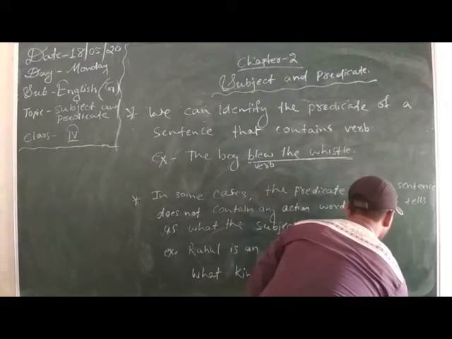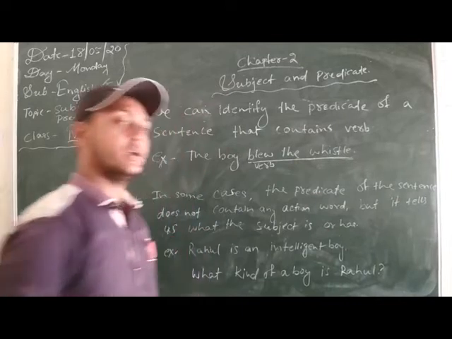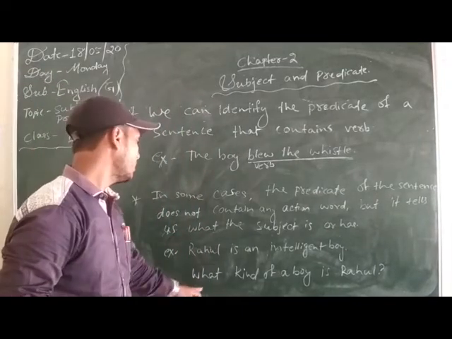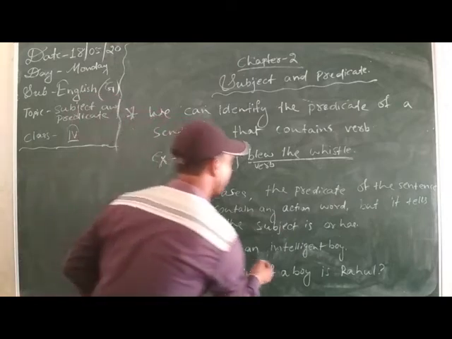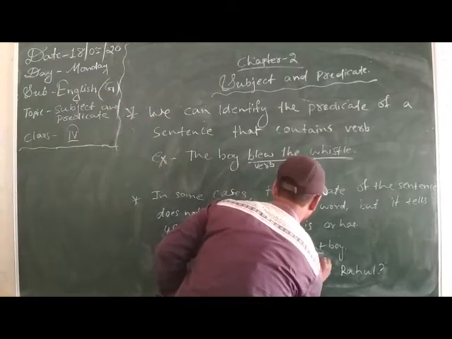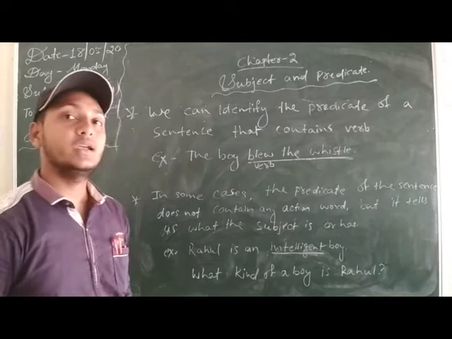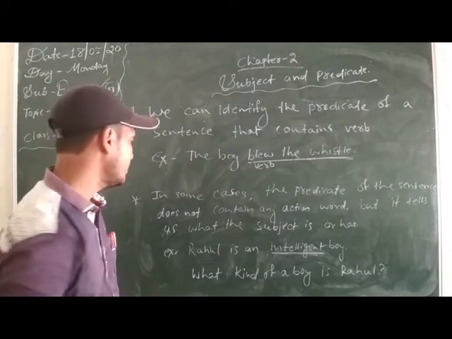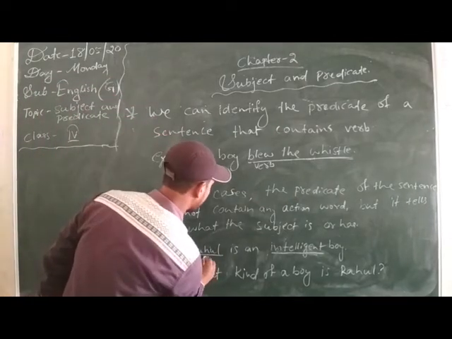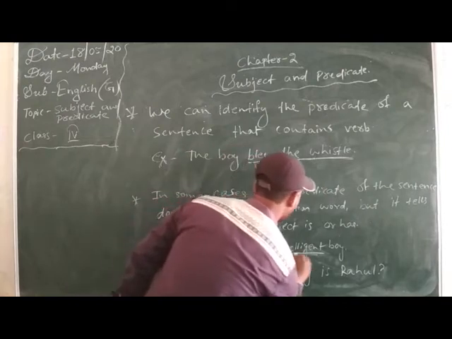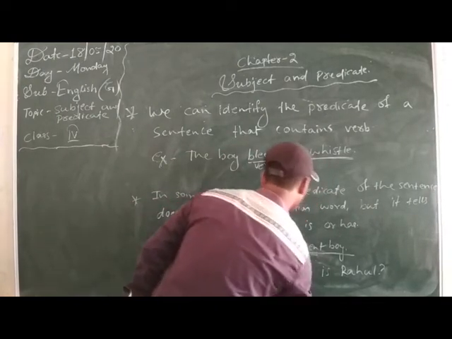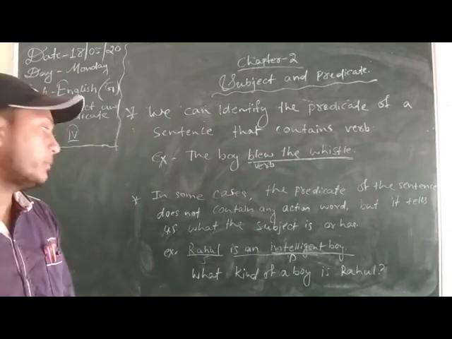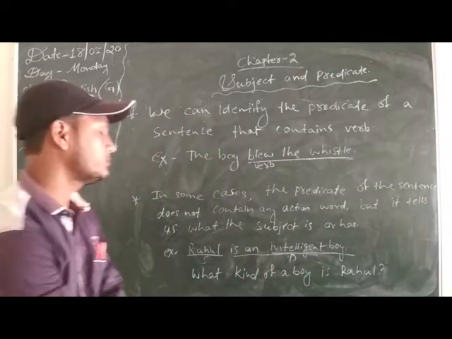Okay, here we make a question, what kind of a boy is Rahul. So Rahul is an intelligent boy. Okay, so here Rahul is your subject and the rest part will be your predicate part. The rest part will be your predicate part. Okay.